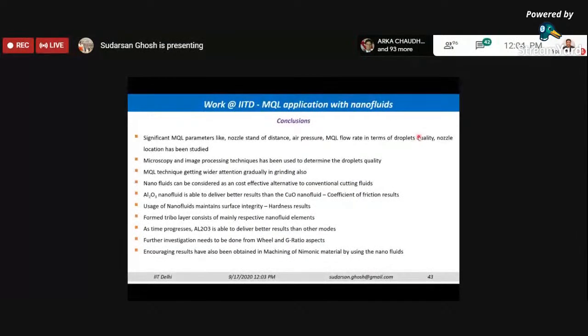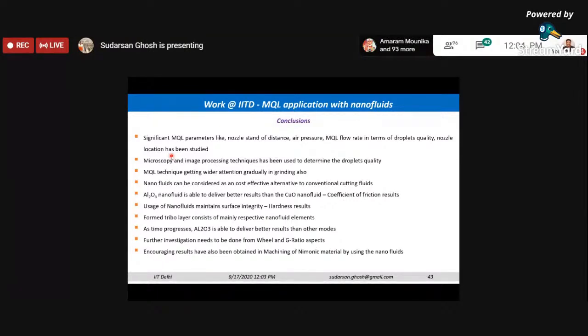Now coming to the conclusion, so these are some of the glimpses of the work which we have done at our lab at IIT Delhi. So if we conclude from whatever I have shown today, what we have been able to understand is that MQL is definitely a better process to apply the cutting fluid.